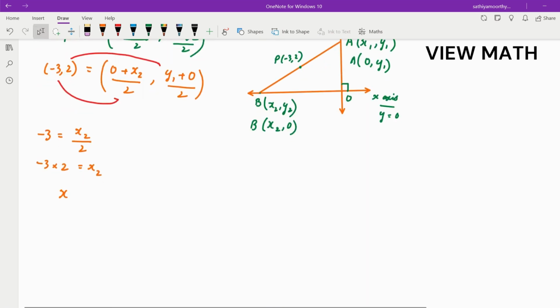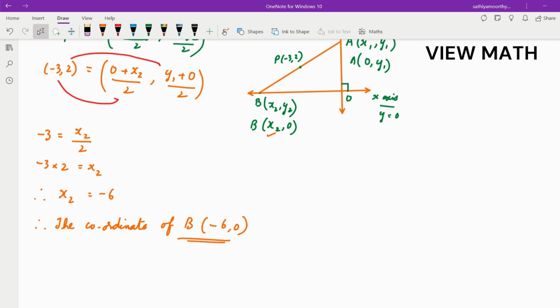Now x2 I have found out, and 0 is my y-coordinate. Therefore, we have found out the coordinate of B. The coordinate of B is (-6, 0). So we have found out the B coordinate.